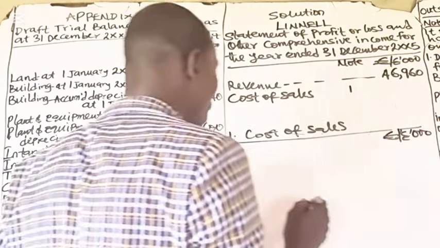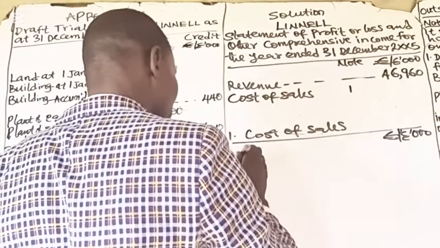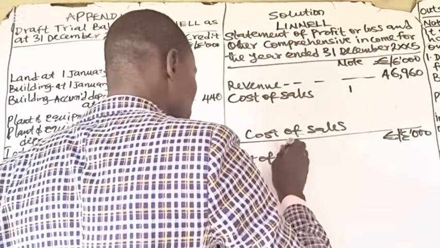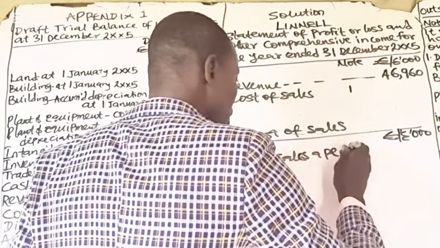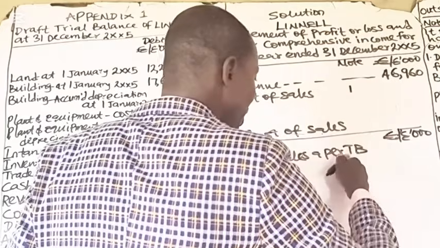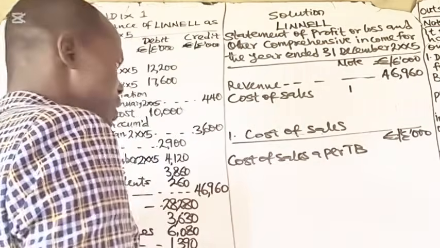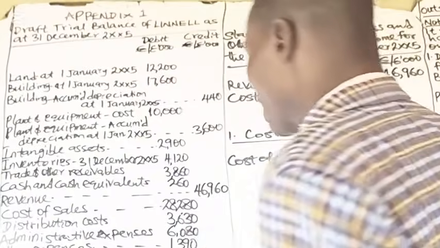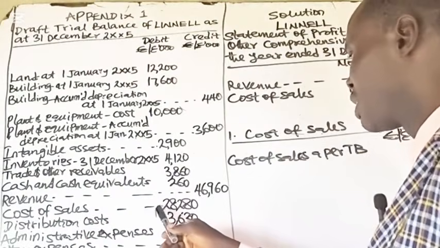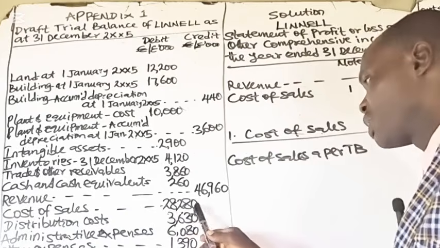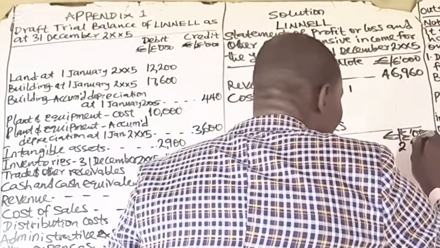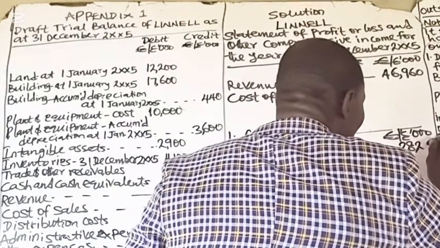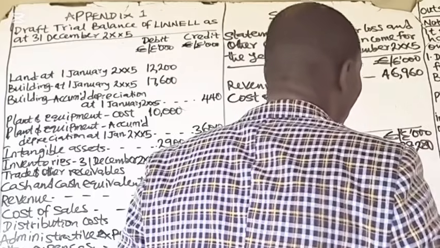So we have cost of sales as per trial balance. Now, let's go through the trial balance. You have the cost of sales to be 28,280,000.